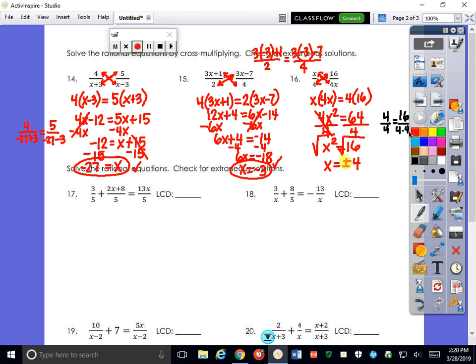So 4 over 4 is 1, and 16 over 16 is 1. So 4 works. And then negative 4 divided by 4 is negative 1, and 16 over negative 16 is negative 1. So both of them work.